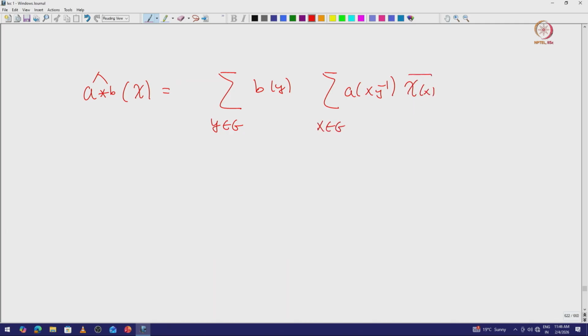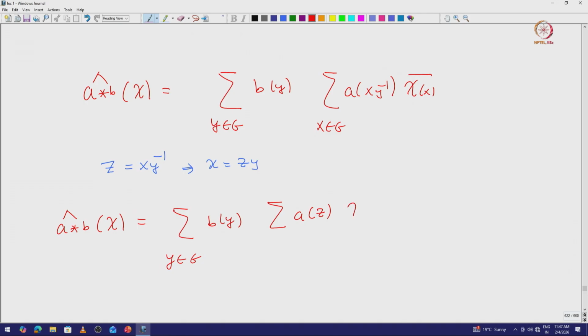Now we just set z to be x y inverse, that means x is equal to z y. Replacing this, we get the summation over y in G of B of y, and then the summation over z in G of A of z times chi of z y bar.